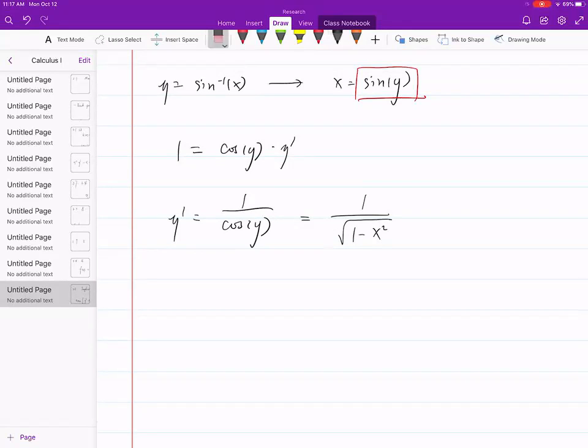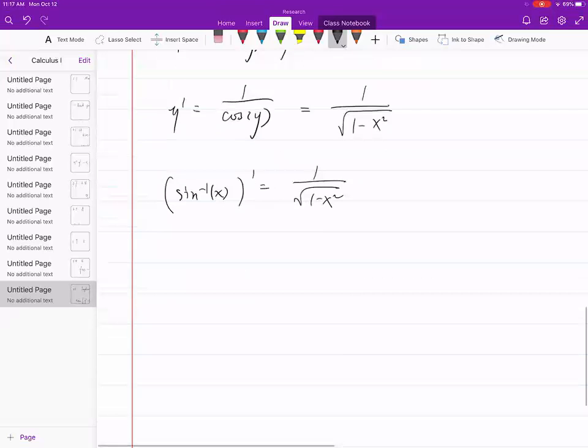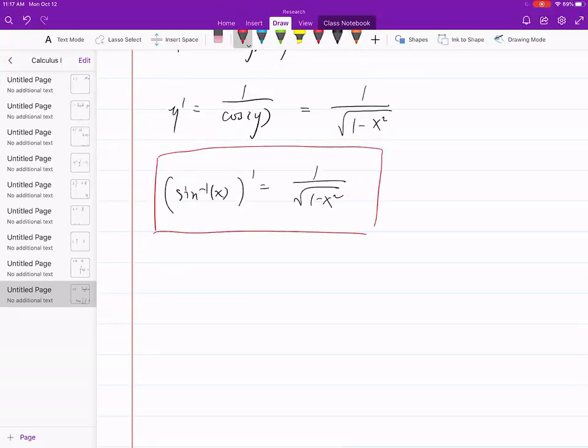So that's how we got sine inverse. It's in your notes. Okay, that is up to now.